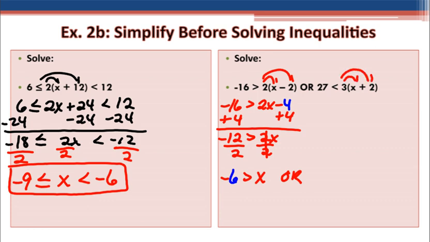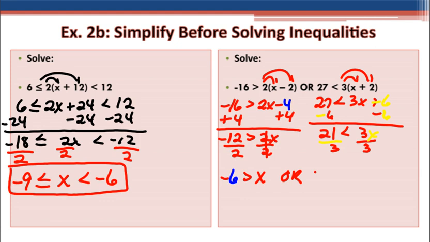So we have 27 is less than 3x plus 6. To get 3x by itself, I subtract 6. And I'm left with 21 is less than 3x. To get x by itself, I divide by 3. I'm left with 7 is less than x. This would be our inequality.